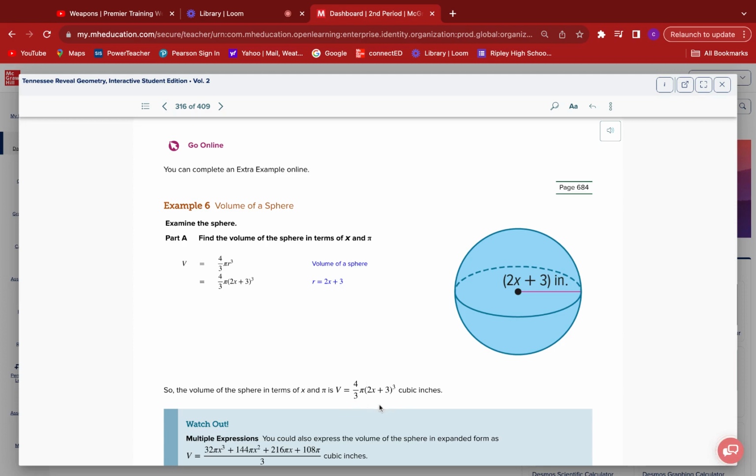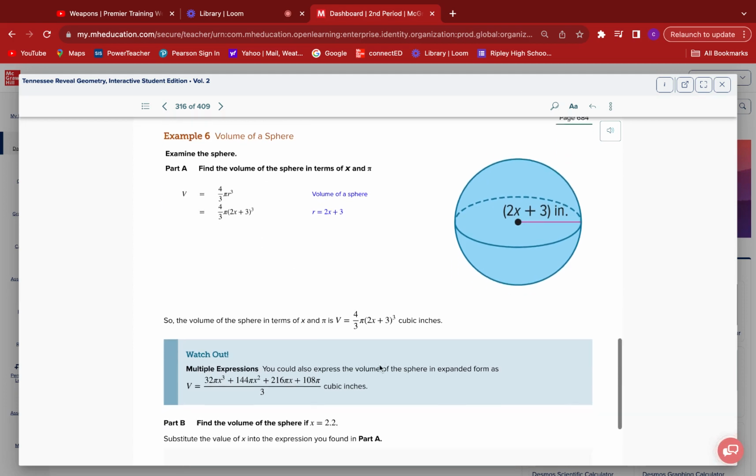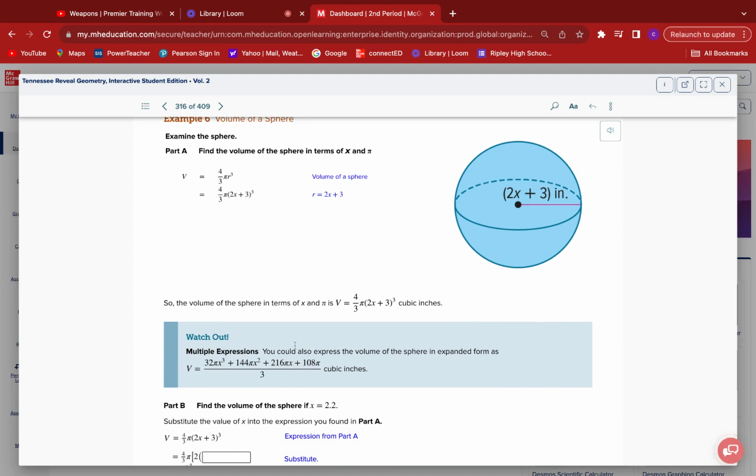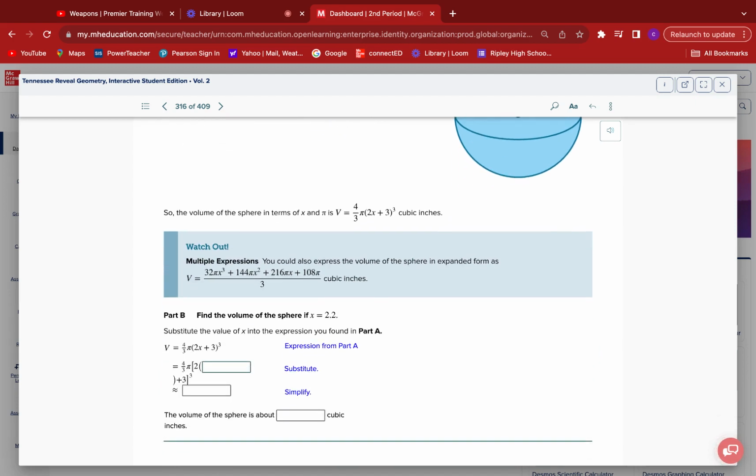So it's 4/3 pi times (2x plus 3) to the power of 3. Okay, they actually did it out for us. There's its ugly real answer. I was hoping they would not make me do that, and they did not. All right, but part B, they want me to do a little plugging and chugging with the 2.2. So every time I see an x, 2.2 goes right there.